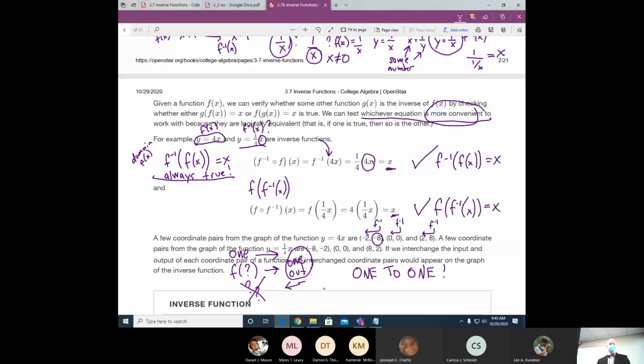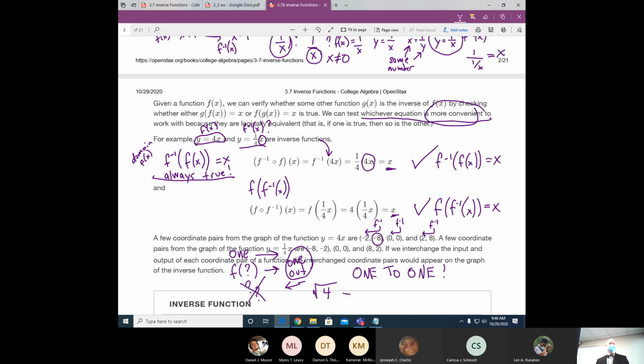I can never have two possible answers because then I won't have a function. Remember, a function is defined that when I have one input, I get a known output. If I have a function where I don't know which output I'm going to get, such as square root of 4, what's my possible answer for square root of 4?